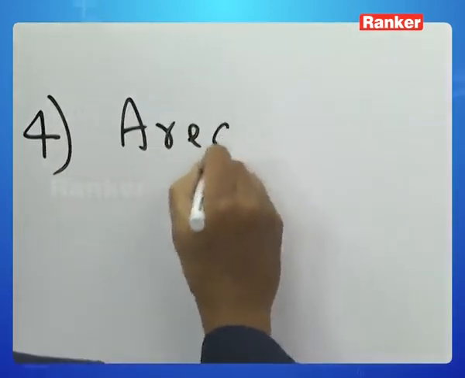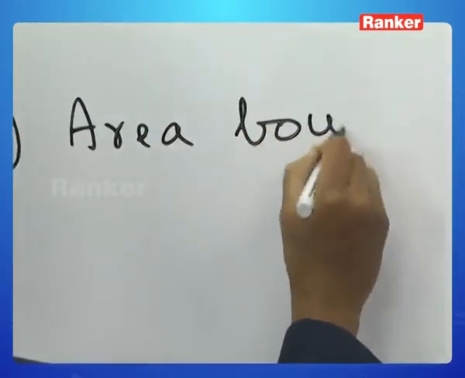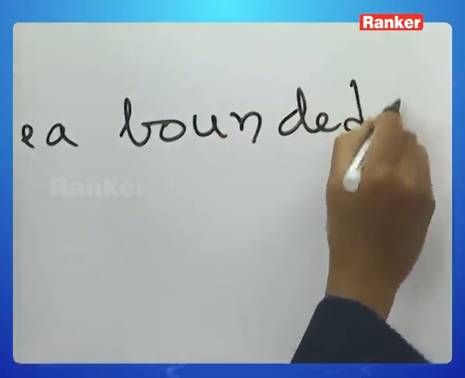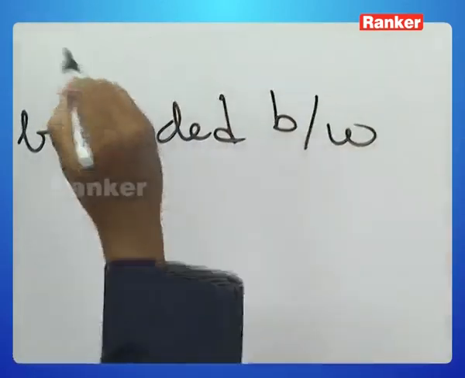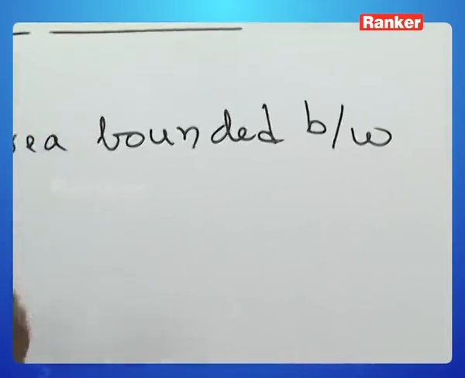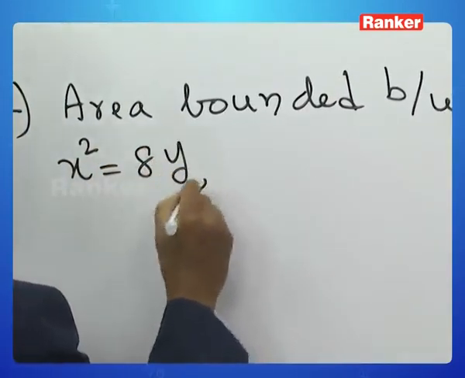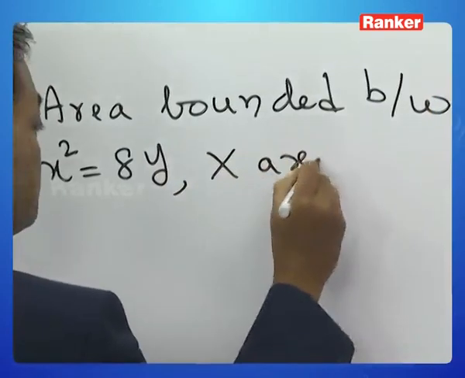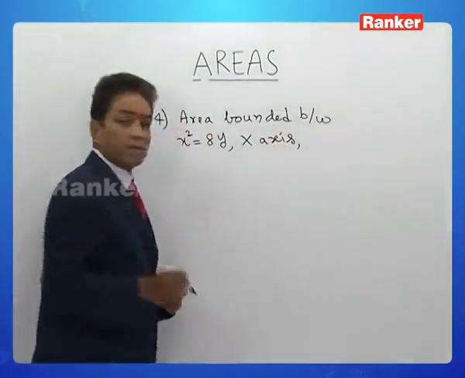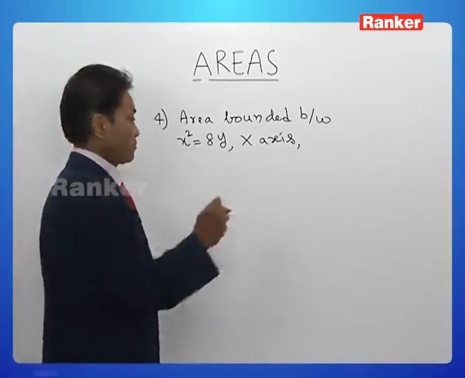Area bounded between the parabola x square is equal to 8y and x-axis and one ordinate x is equal to 4.